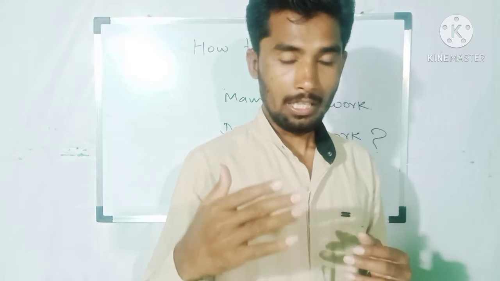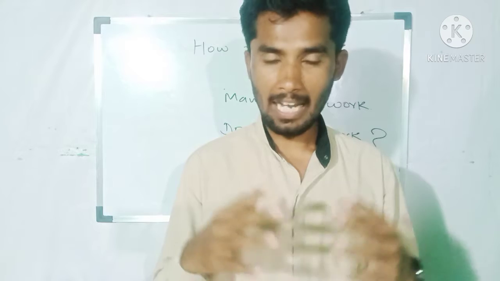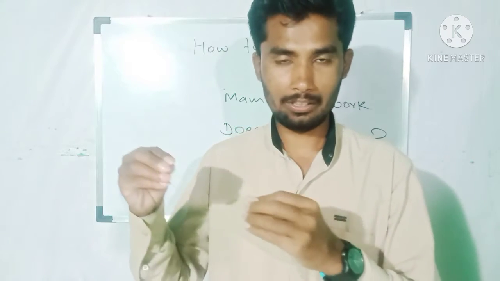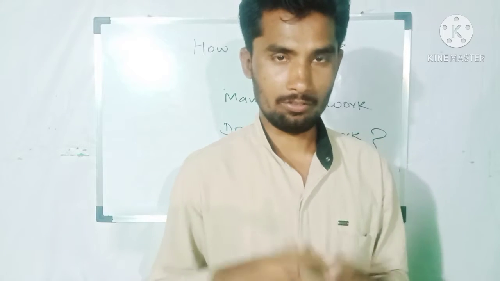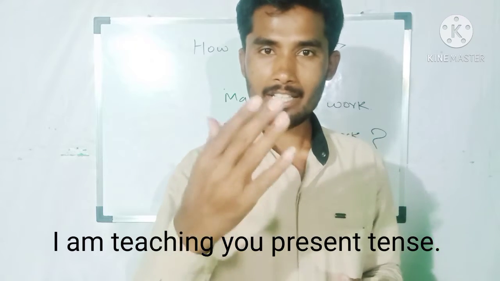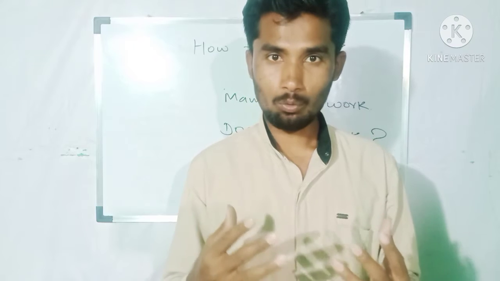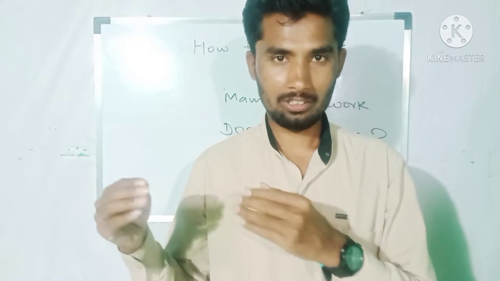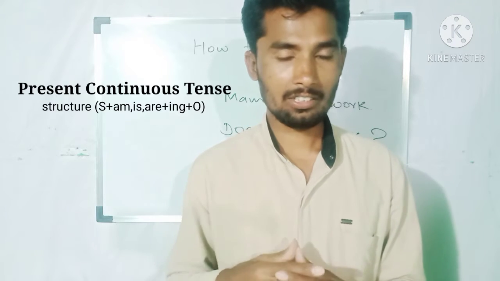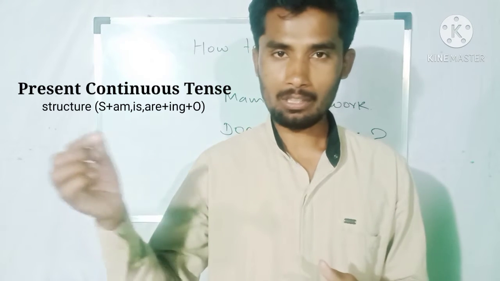We talk about the present moment, what we are doing, what we are watching, listening, such actions that are continuously going on, those actions we talk about in present continuous tense. For example, I am teaching you present tense, you are learning present tense now through this video. This would be a present continuous sentence. The present continuous structure is very simple: subject plus am/is/are plus ing plus object.